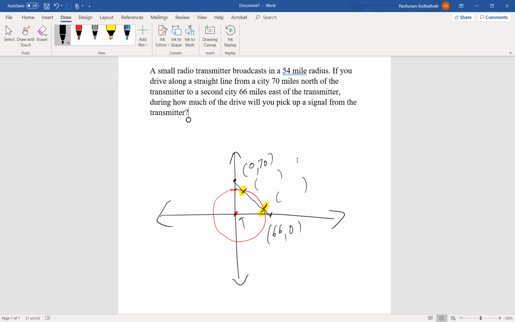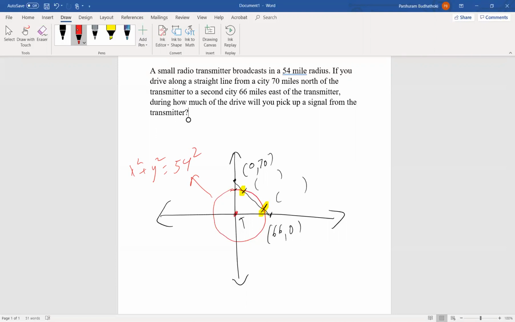The easy way is, because you know the equation of the circle, if the center is at the origin and the radius is 54, then the equation of this circle is x squared plus y squared equals 54 squared. That's coming from the standard equation of a circle with center at the origin.